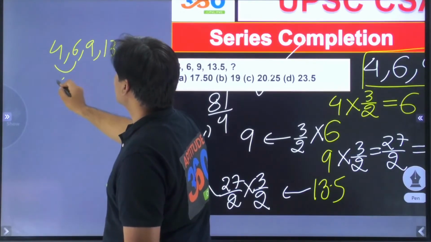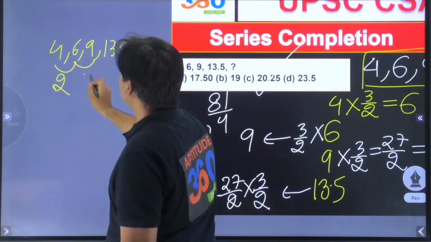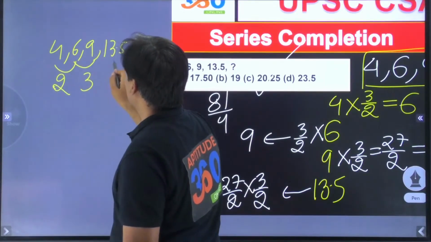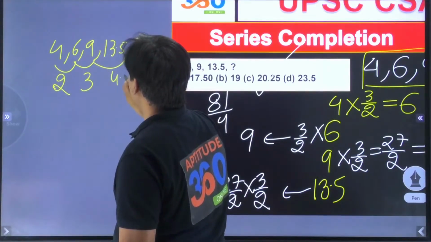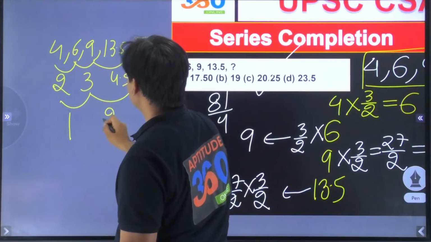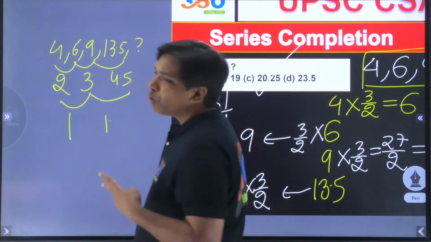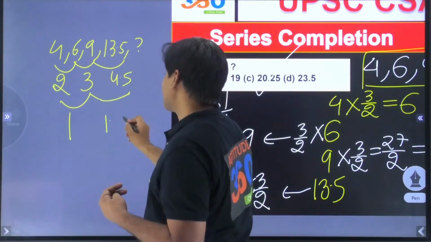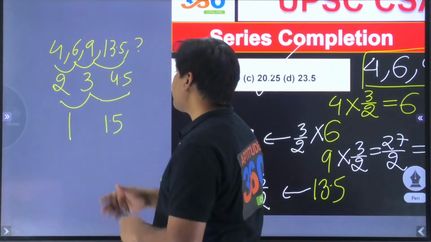So this is what? 2 and this is what? 3 and this is what? 4.5. So this is 1 and then this is 1.5. But we have got only 2 terms. Vishal, you understand this? If another term had been given, we could have verified this. Now what do I do with this?